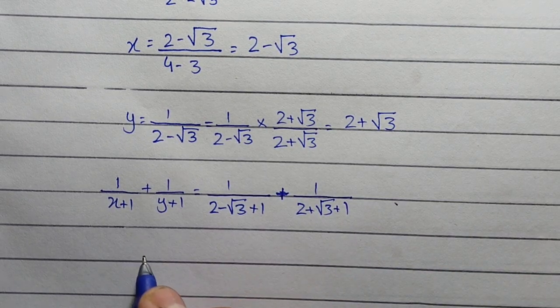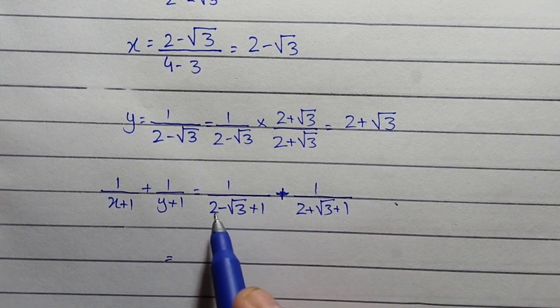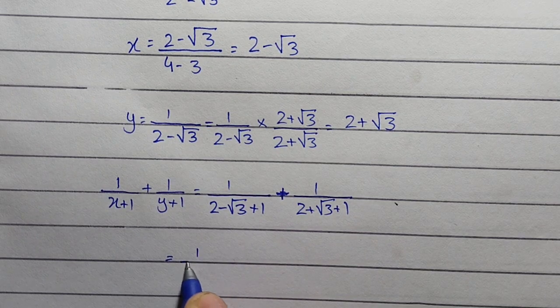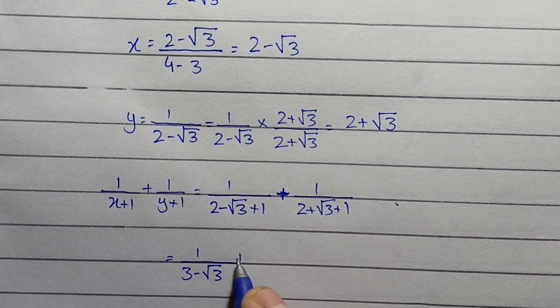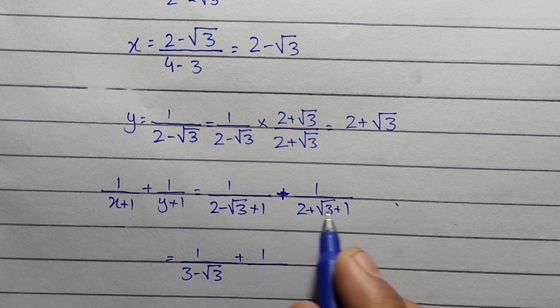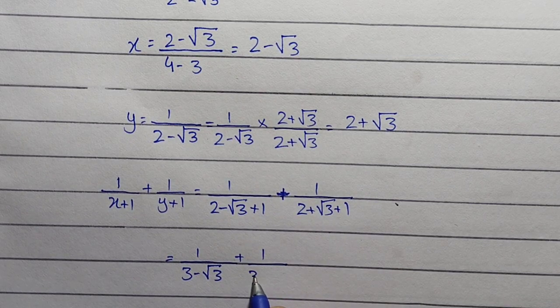Now let's simplify this. 1 over 2 plus 1 is 3 minus root 3, plus 1 over 2 plus 1, 3 plus root 3.